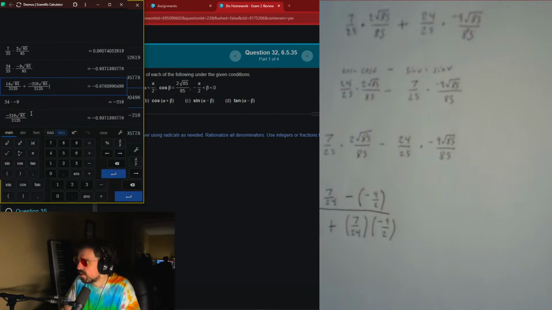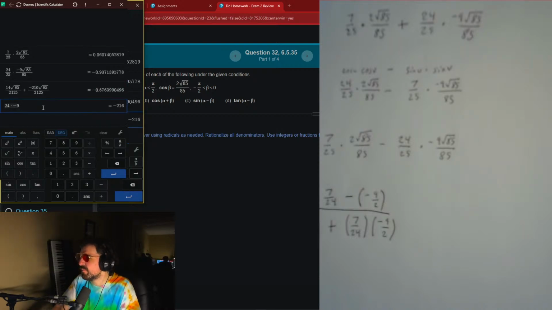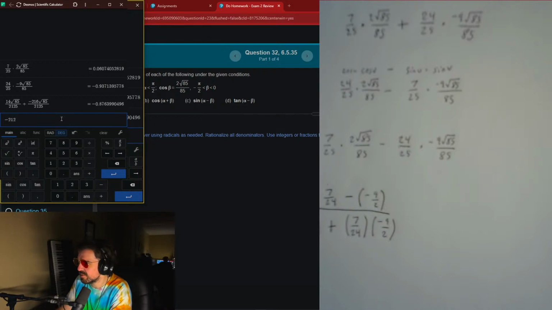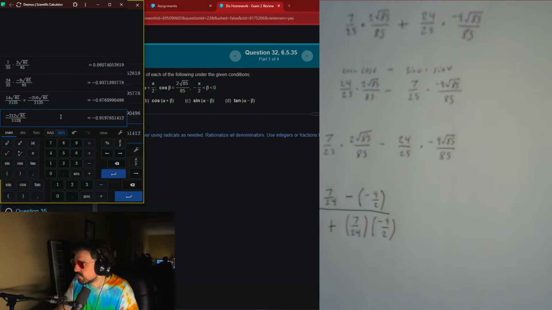Okay. This is what I got. This really nice looking answer here. This is the same as negative 212. Does not appear to be. Oh, 202. There we go.